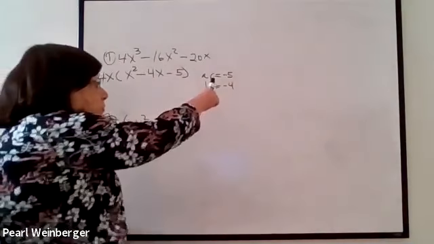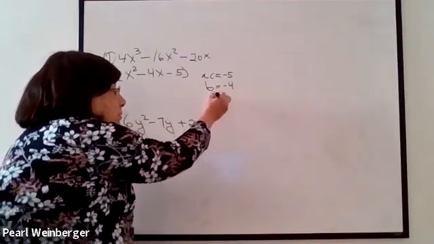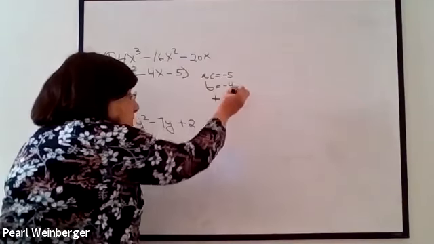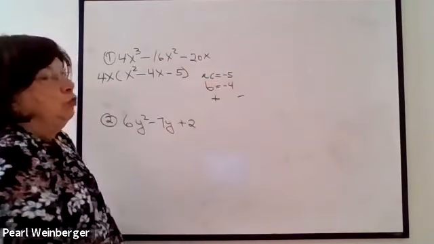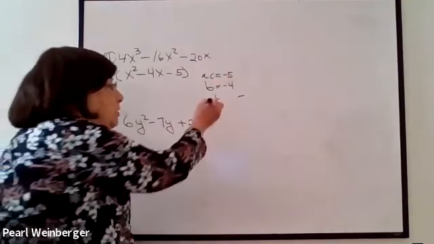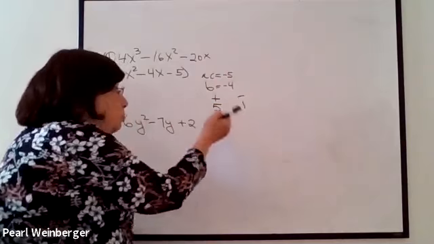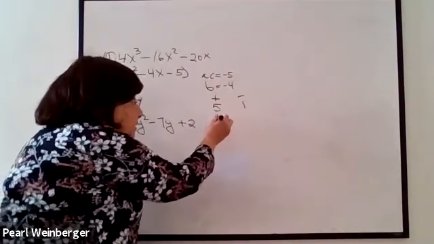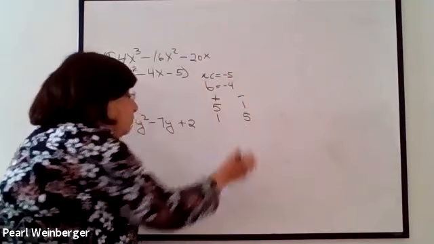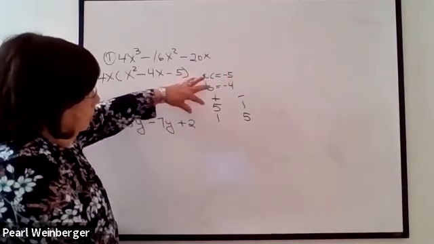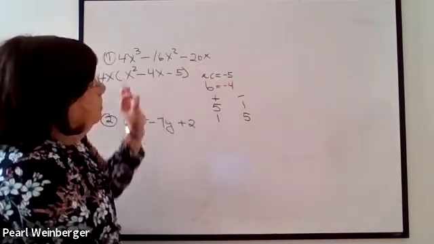So, first of all, I see that AC is negative. That means one number is going to be positive and one is going to be negative. And I need numbers that multiply to 5. So either it'll be a positive 5 and a negative 1, or the 1 is positive and the 5 is negative. So how will we know? Well, when I combine positive 5 and negative 1, I get plus 4.